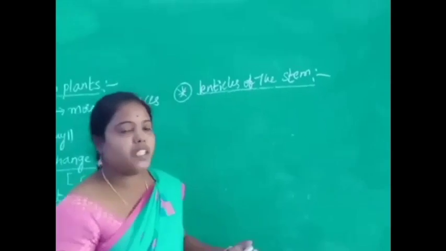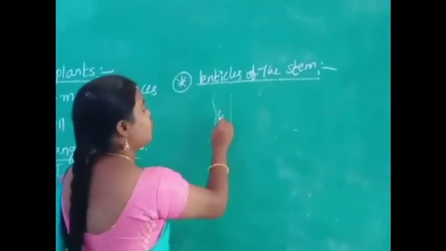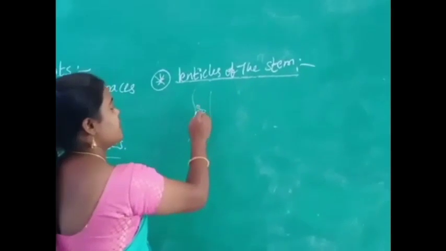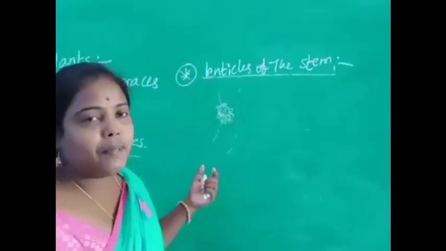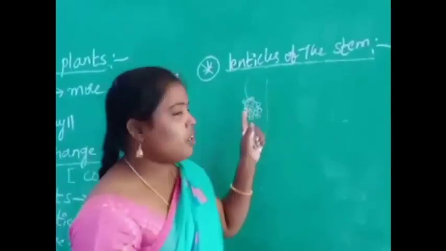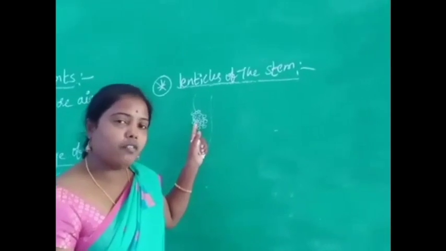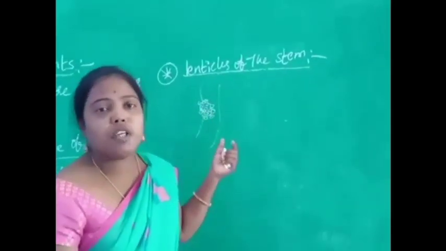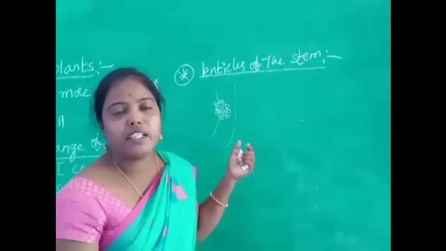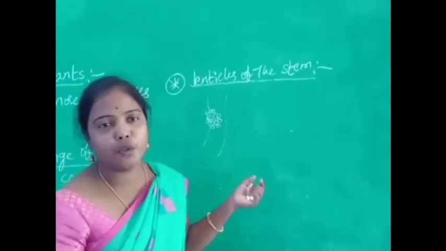Children, please take a stem and cut a small portion. Observe the air spaces present in the stem. So what happens here? The stem absorbs carbon dioxide gas from the surroundings, and it breaks down carbohydrate, which is nothing but the glucose molecule.